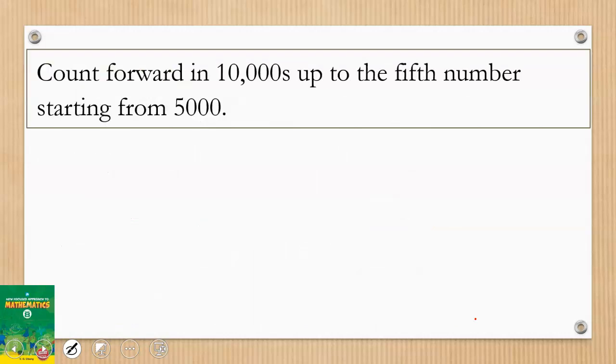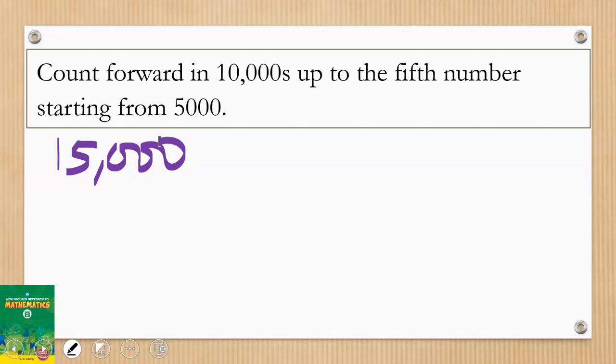Now, let's take an example like this. Count forward in 10,000s up to the fifth number, starting from 5,000. So if you have 10,000 and you are adding it to 5,000, then you should anticipate your first number to be 15,000, right?